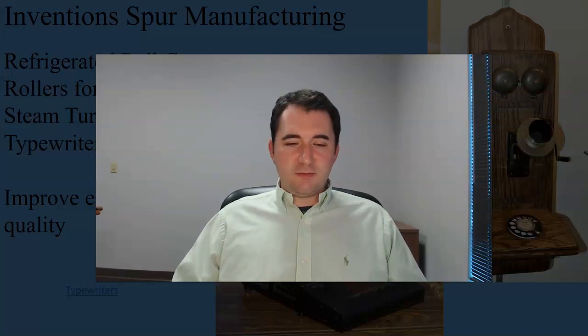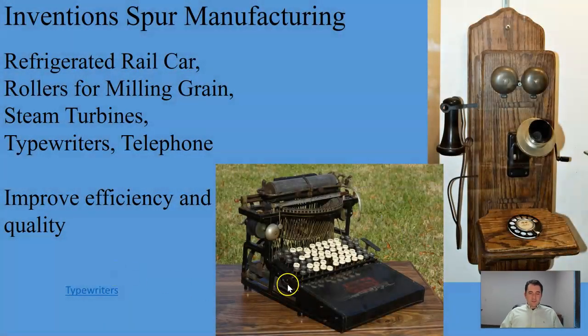We'll jump in here to what we're talking about with all of the inventions of the era. And it's hard to summarize it. Really, you can talk about different areas of invention, the focus of different types of inventions.